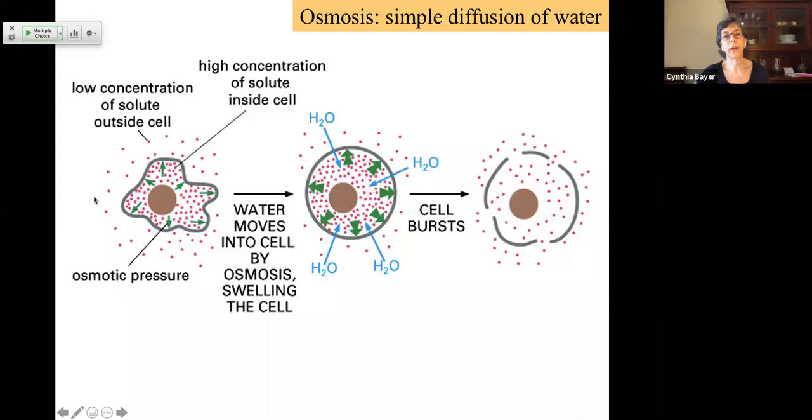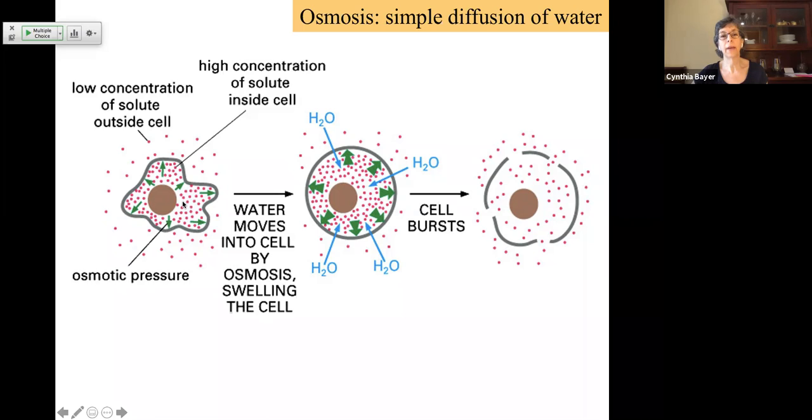And if we look at a cell here, we're comparing the direction of water diffusing across this cell's membrane. Note that, of course, a cell has a lot of solutes in it, a lot of macromolecules, a lot of ions, a lot of membrane-bound components.